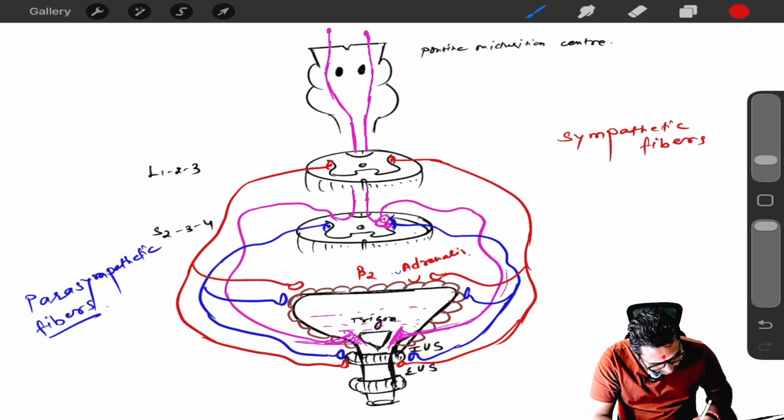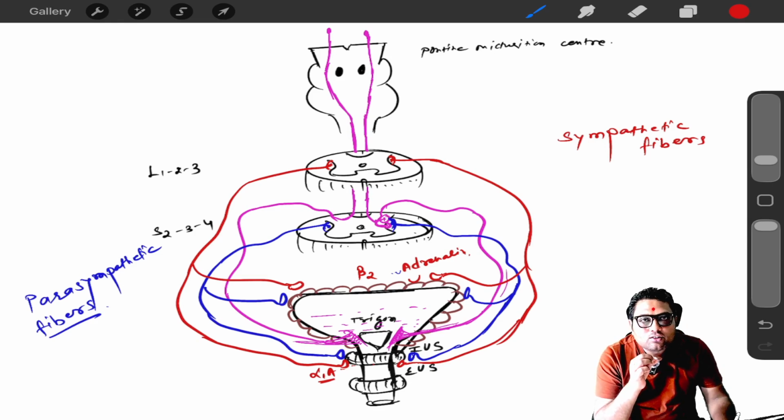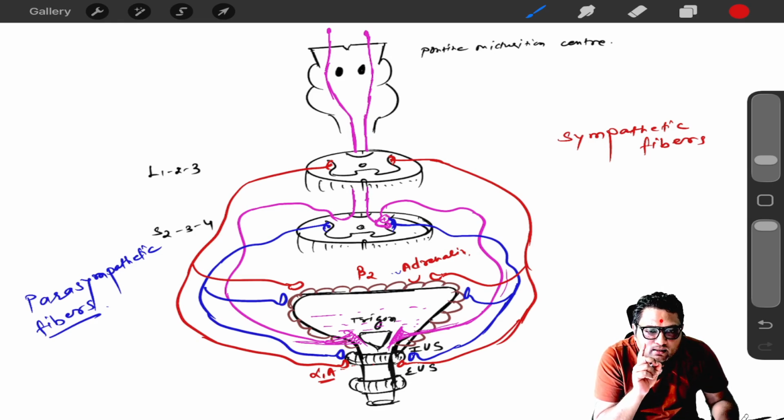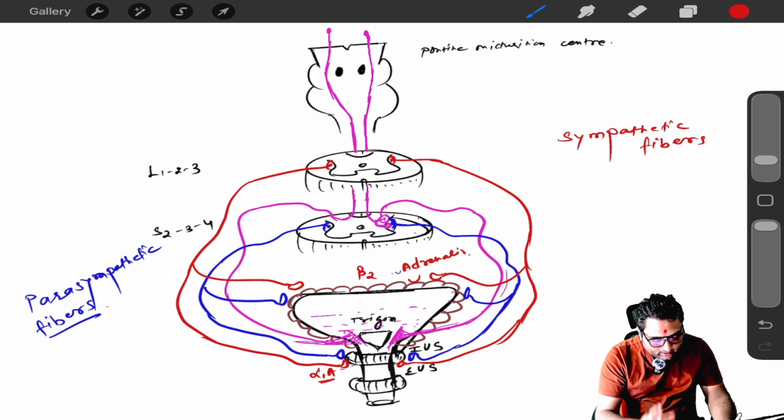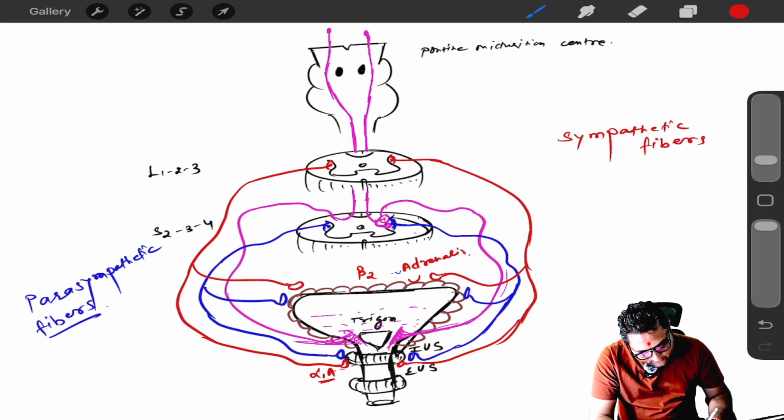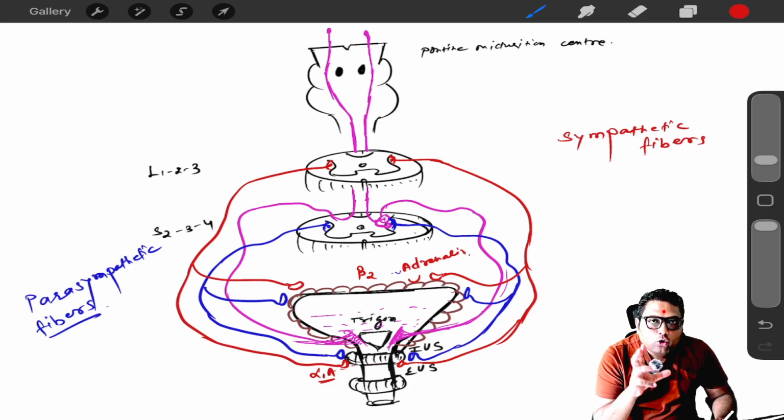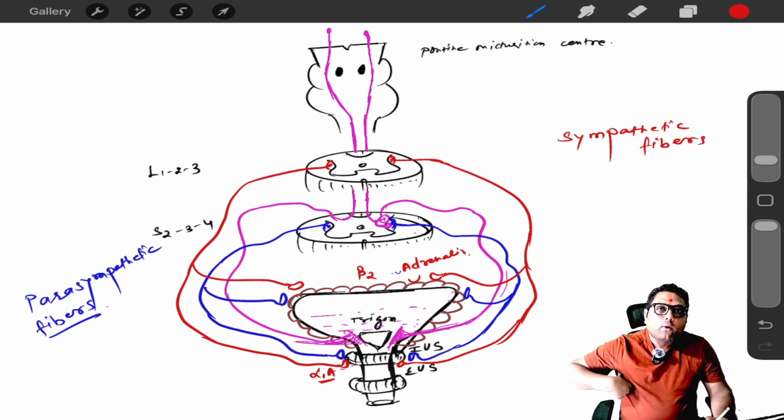And at the internal urethral sphincter, adrenaline binds to alpha 1A receptors, which causes tightening or constriction of the internal urethral sphincter. So sympathetic fibers cause detrusor relaxation and constriction of the internal urethral sphincter. Whereas when we stimulate parasympathetic fibers, that causes detrusor muscle contraction and relaxation of the internal urethral sphincter, which eventually leads to voiding of the urine.